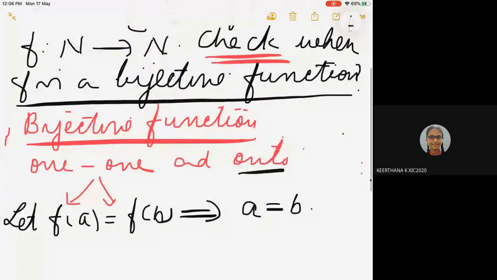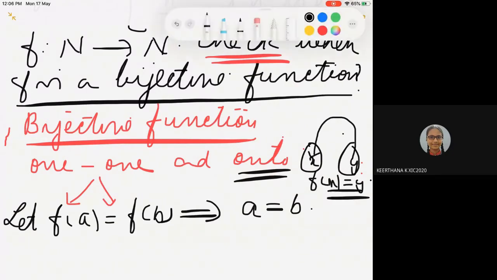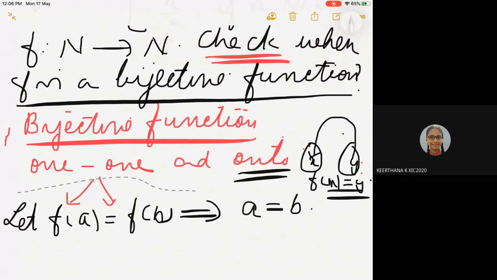And for onto, you have to prove that for every element y of the codomain, there should exist an element x in the domain such that f of x equal to y.